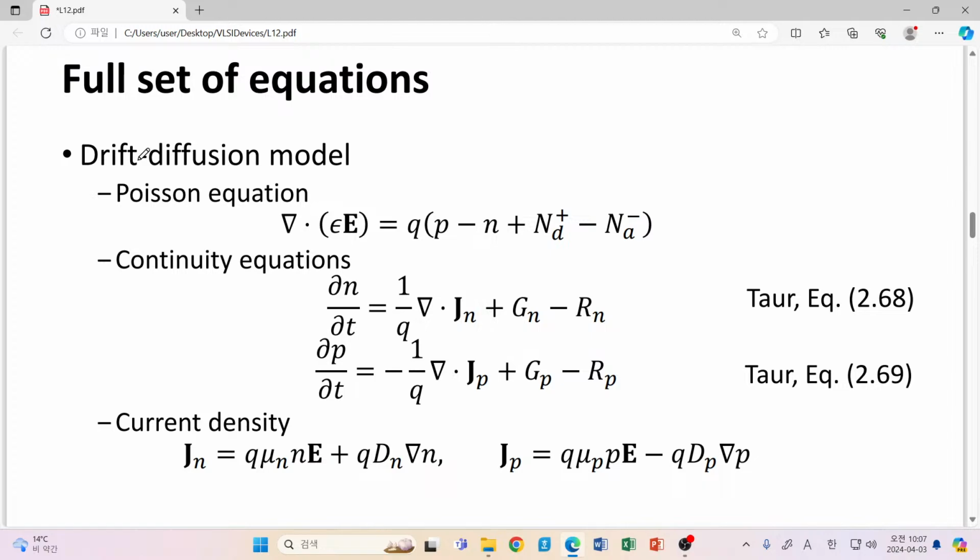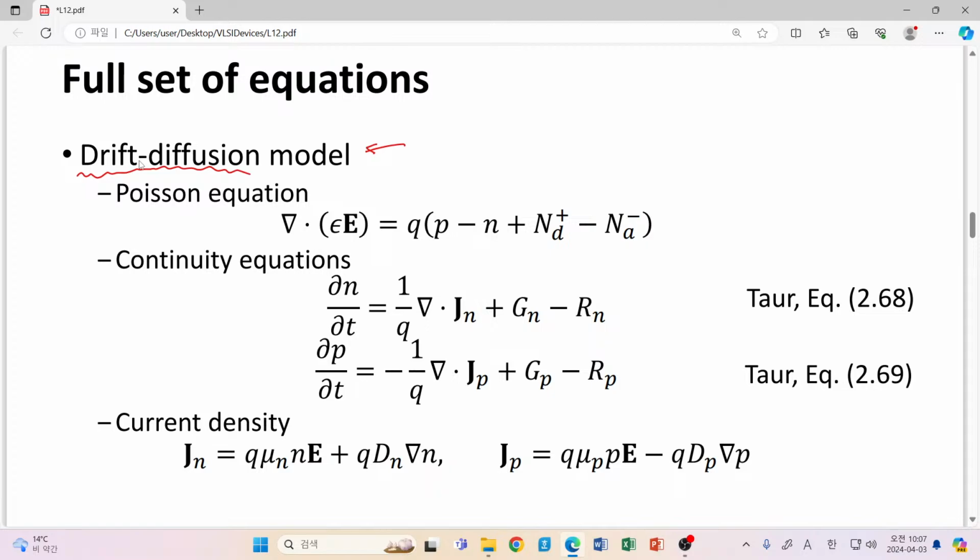Okay, now let me summarize our long discussion about equations, and we are now ready to enter into the device. This is the full set of equations we will consider in this course. This full set of equations has its own nickname, the drift diffusion model.